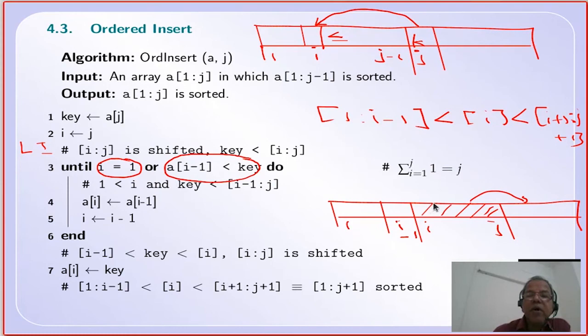We are interested, so i is already vacated. We want to know whether the i minus 1th item is less than the key. If the i minus 1th item is less than the key, we have found the correct position for the key. Otherwise, we will shift the i minus 1th item to the ith position as shown here and decrement the index i. So that i to j has been shifted to i plus 1 to j plus 1 is always true. It is a loop invariant.